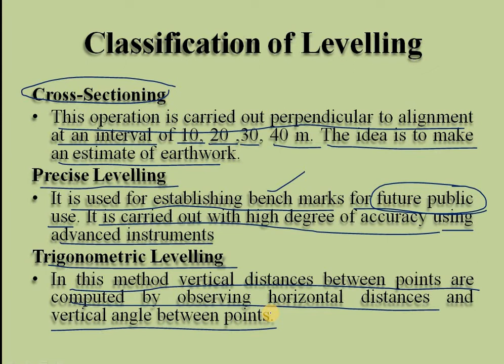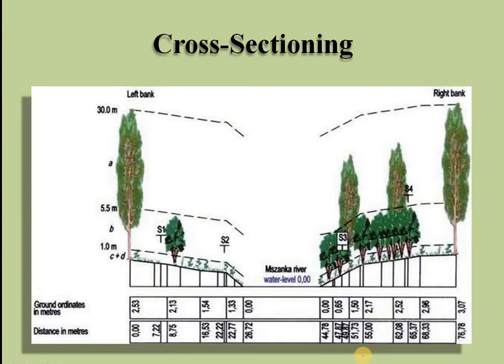For trigonometric leveling we need instruments known as the tachymeter and theodolite. The theodolite is also called a tachymeter. By this instrument we can calculate distances and heights of objects, and we can measure vertical or horizontal angles easily in trigonometric leveling.